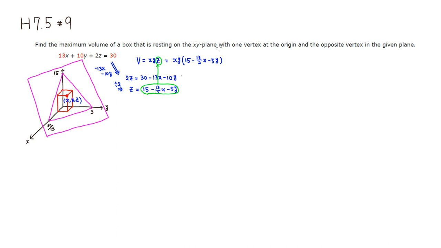Alright, let's find the critical points. We're going to take the partial derivative of the volume V with respect to x. In this case, y is just a number, so I'm going to put y in front. Then to take the derivative, we have to use the product rule.